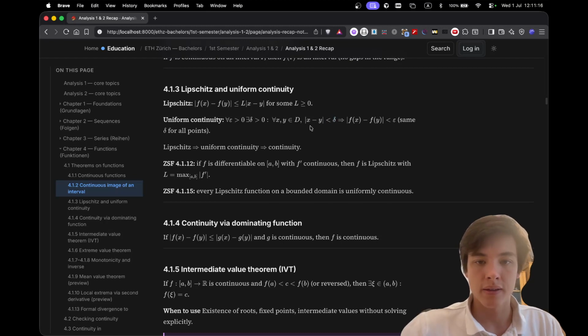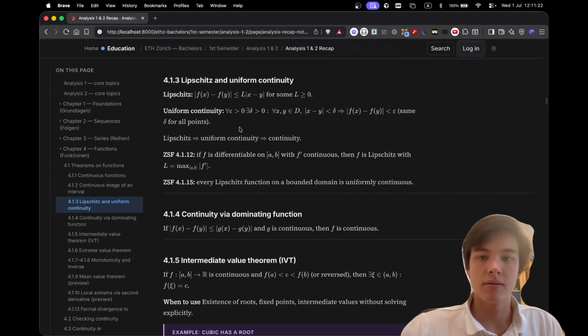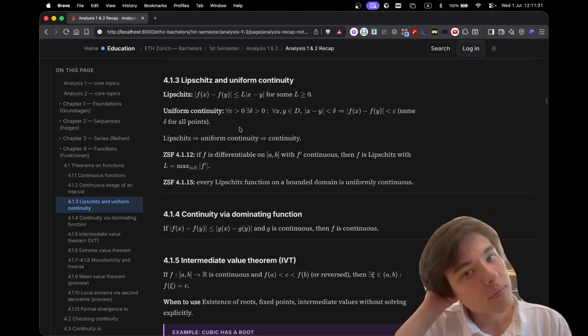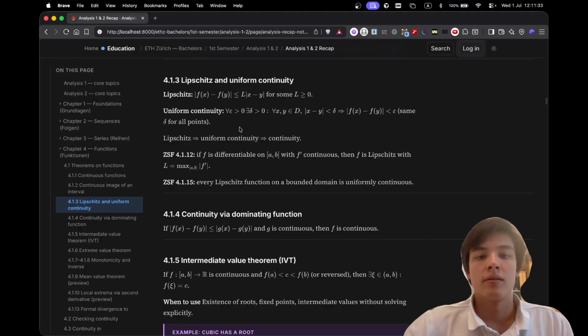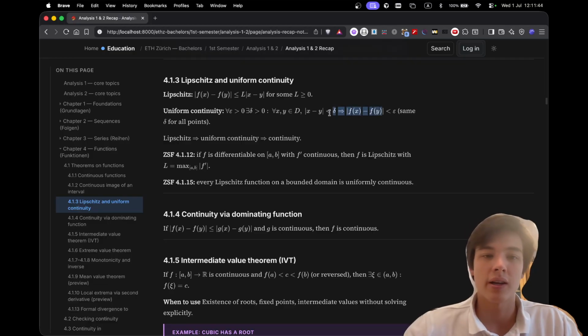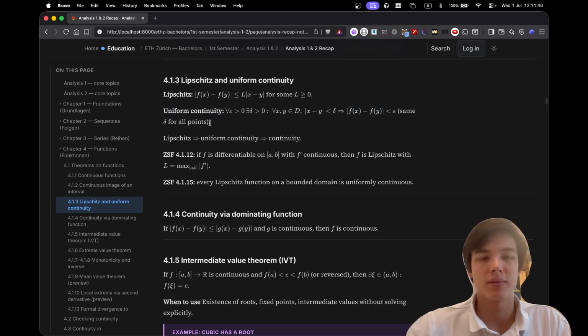So we find such a delta where |f(x) - f(y)| is smaller than epsilon. So anything that's smaller than delta is smaller than that epsilon, would make sense, I guess. Yeah, when it's uniform.